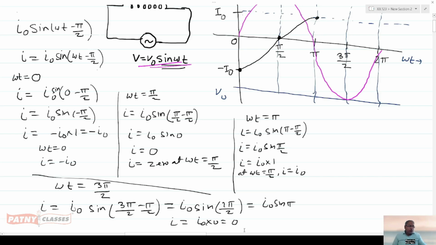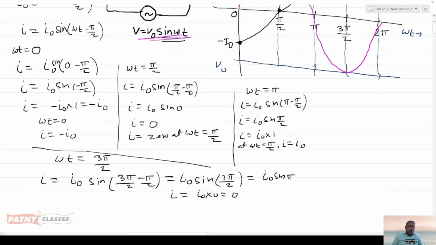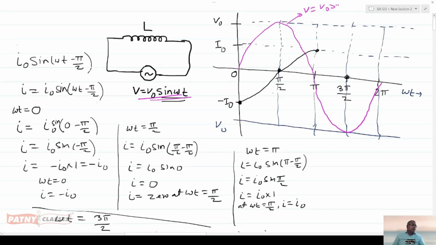Therefore at omega t equals 3 pi by 2, I equals 0. That is the next point here. Now we join these points, and you keep on joining them, so you will get the graph like this. The graph will go on like this.